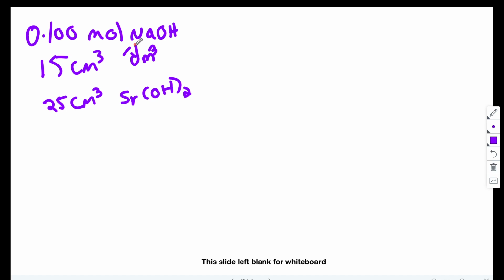And our goal for every stoichiometry problem is going to be the same, because it's going to follow the same pathway. We're going to try to get to moles, and then from moles we can compare different compounds. So by comparing these, we have to get them into moles.